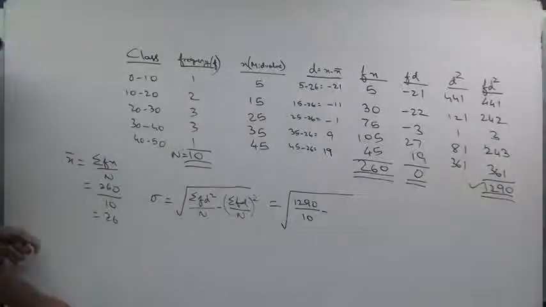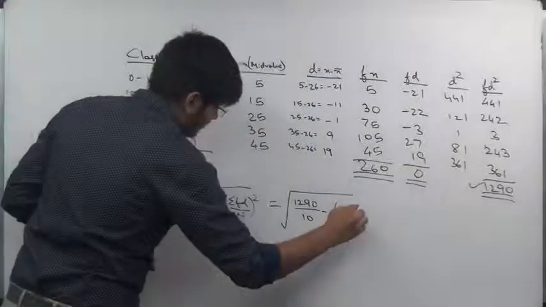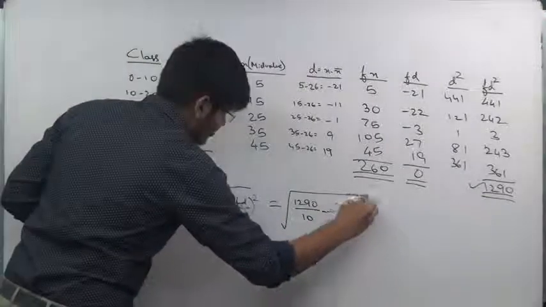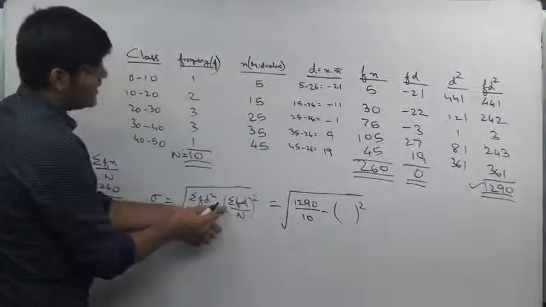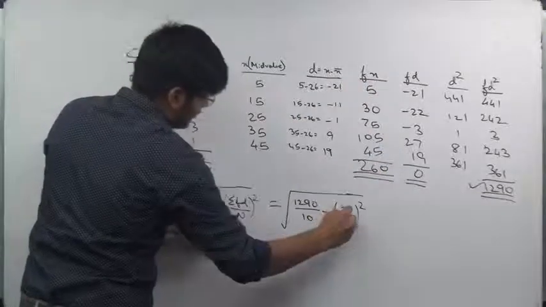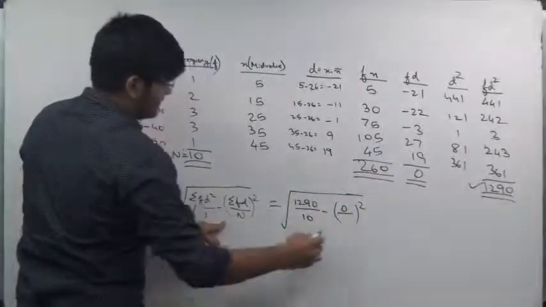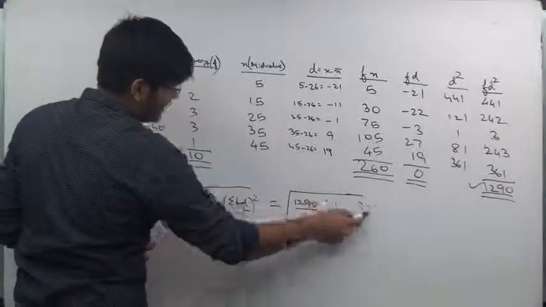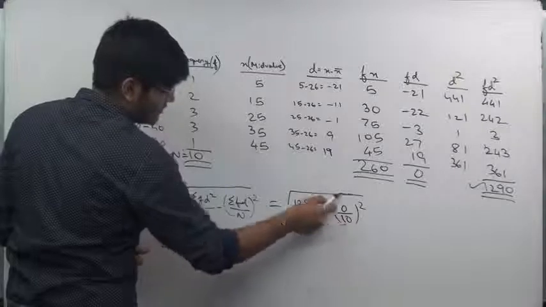minus, now this square is outside of the brackets. So what we need here is summation fd, the total of fd, 0, divided by n, again 10. Now this whole thing will come down to 0, only this portion.